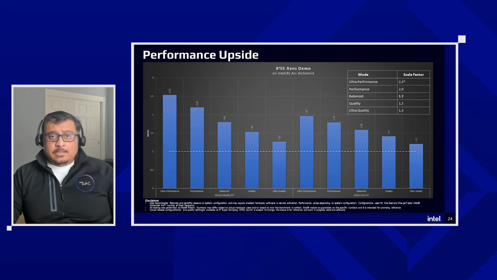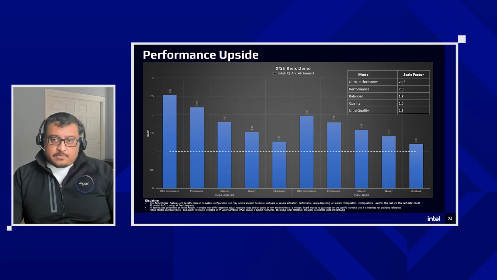All right, so this is the performance upside you'll see with XeSS, as shown earlier. Rens created a demo with XeSS. They enabled XeSS in their demo itself, and this is the performance upside we collected in our labs. Here I'm showing 2 sets of numbers. One is at 4K target resolution, the other is at 2K target resolution, at various quality settings, or various scaling factors.